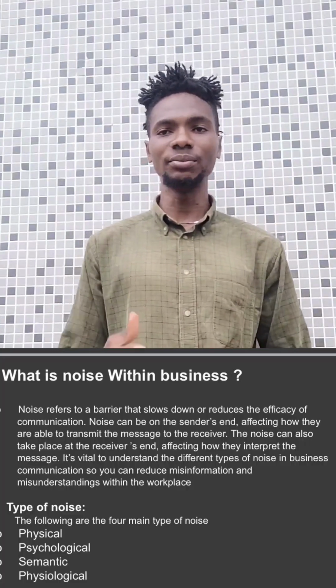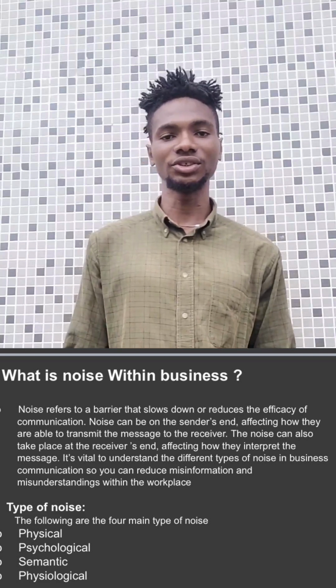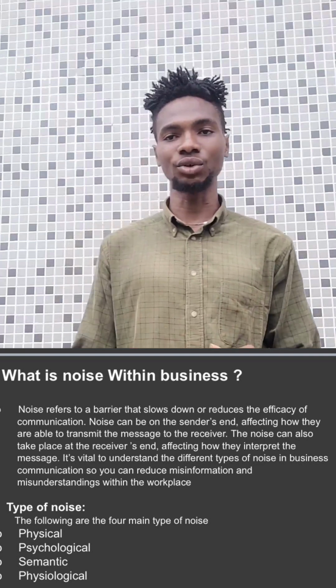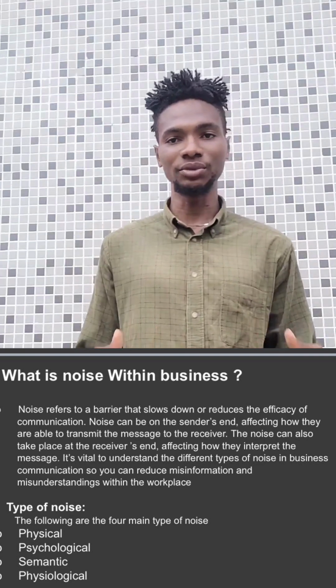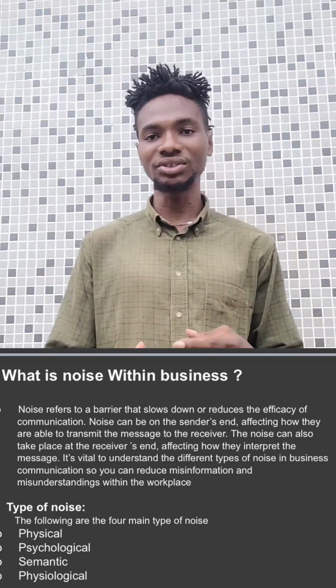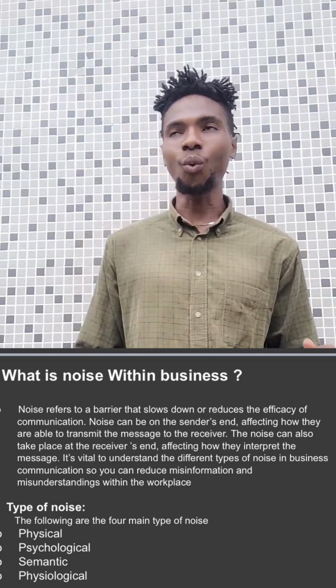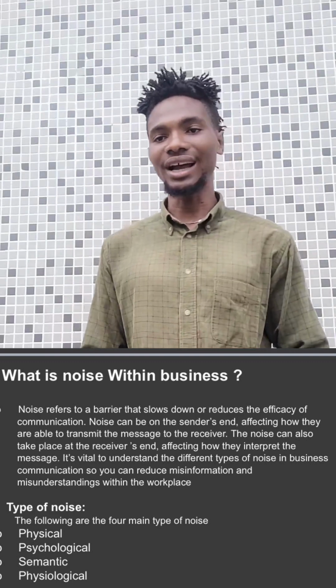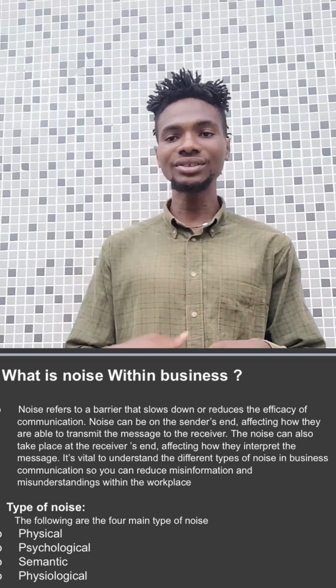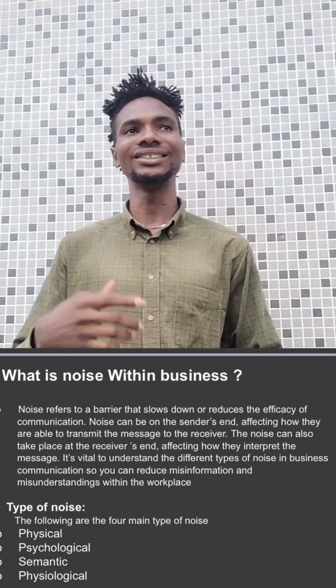Noise refers to the barriers that affect business communication. It can also be defined as the external and internal factors that disrupt the communication process. The external factors of noise are the music, siren, and people talking, while the internal factors of noise are the state of mind, psychological thinking, and others. Noise affects both the sender and the receiver.